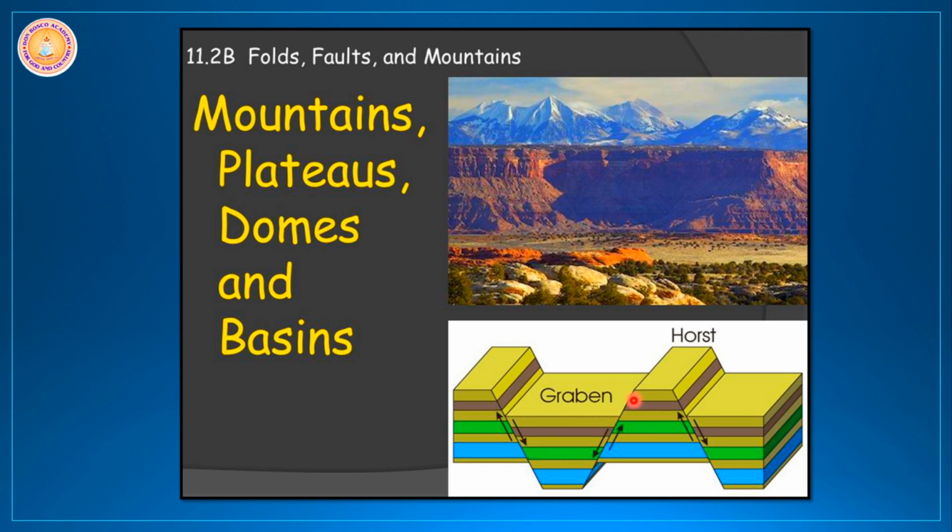The ones which remain in between the areas which have slid down is known as a horst. You can see this over here also. These are flat topped mountains. Here you can see the flat topped mountains, and in between there is a sinking of the crust from the surrounding area, and it is known as a graben.